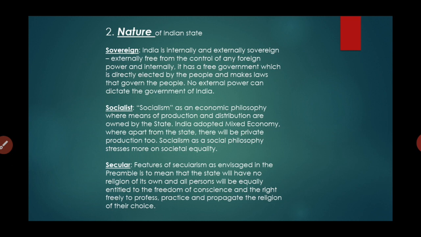Now the secular. Secular means separation between state and religion, but at the same time the Supreme Court, in its verdict, has said that this is Gandhian secularism. What does this mean? That whenever the state feels the need to intervene in a religious matter, it will intervene to resolve the problems.